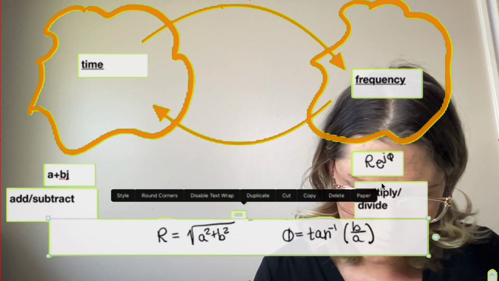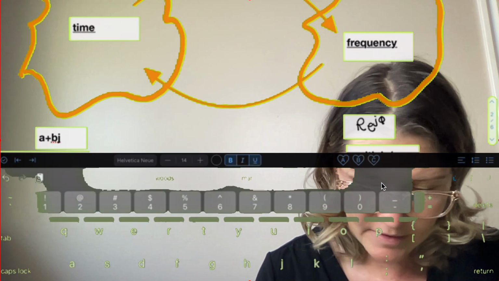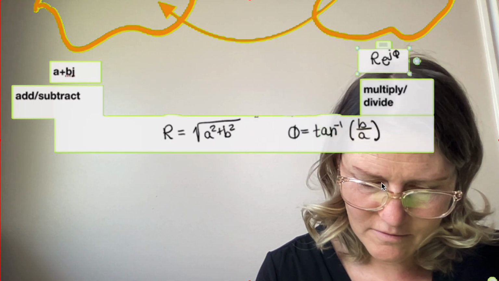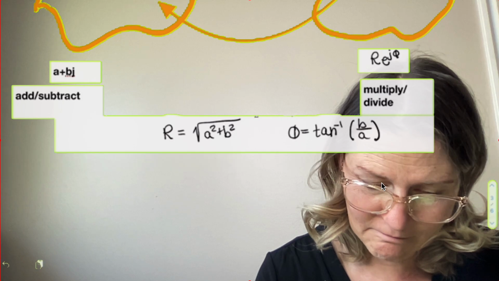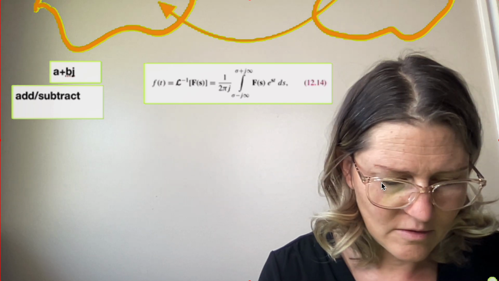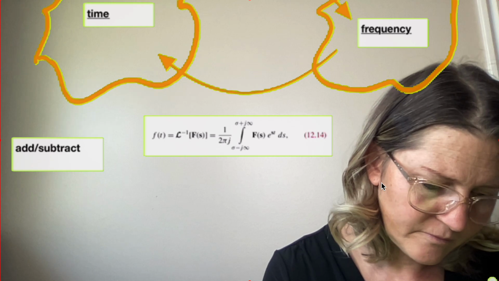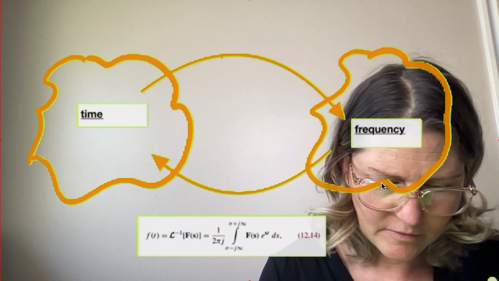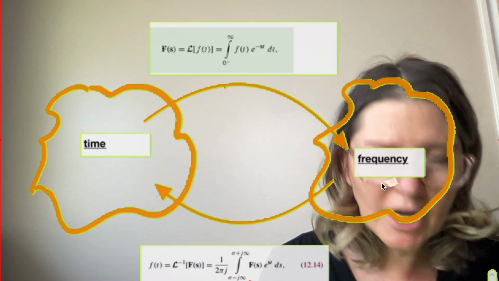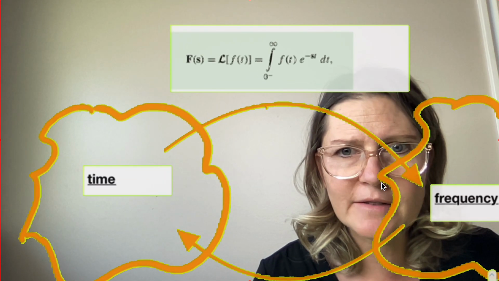So going from the time domain to the frequency domain, we have a way of transforming from one to the other. So what this is called is the Laplace.